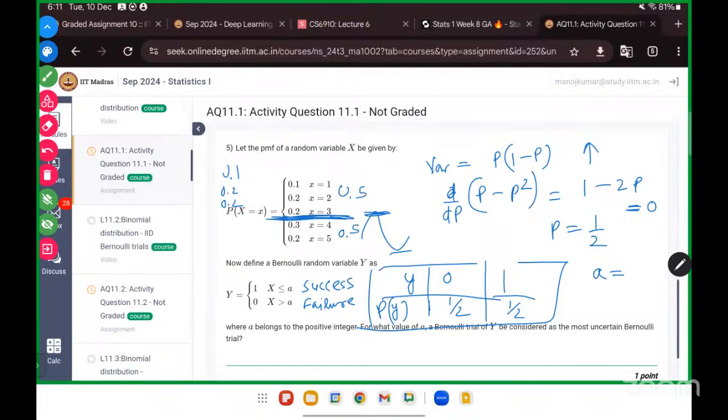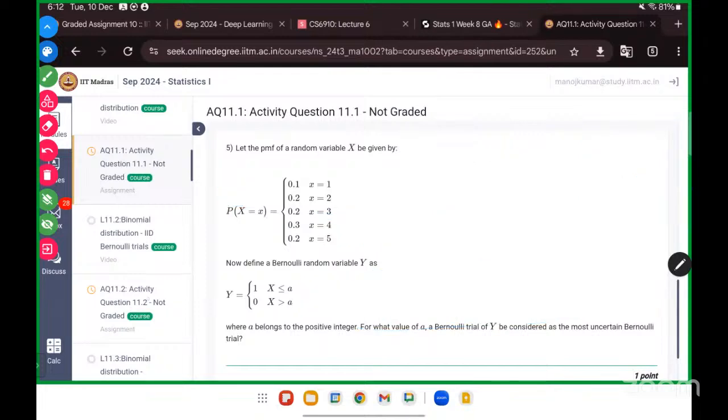So the value they are looking for, x less than or equal to a, is 3. A is equal to 3, and whenever a is equal to 3, this leads to the highest variance. Yes, sir. Anything else? No, sir, got it.